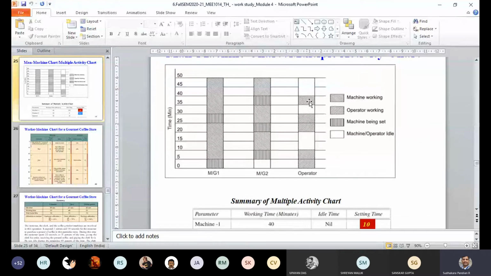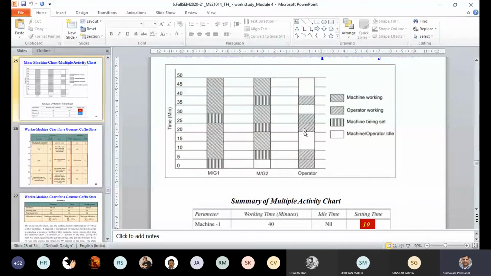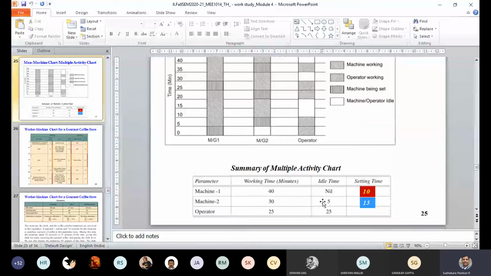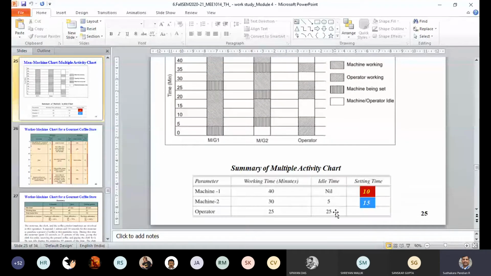Idle time is also 25 minutes. You can calculate the white spaces in the operator column, the third column, and get 25 minutes. So this is the summary where we have included idle time also. In the previous example we had not given idle time, but you can include it. That is why I have given this example.